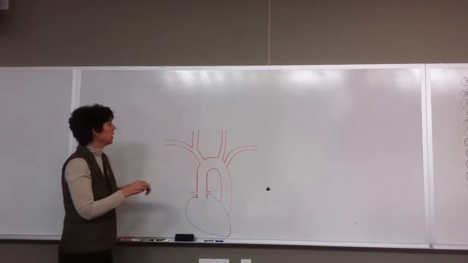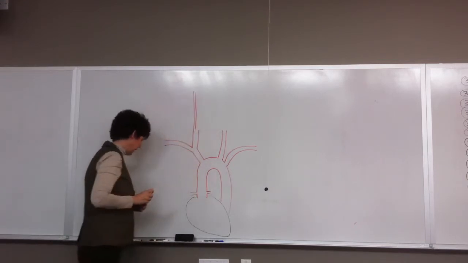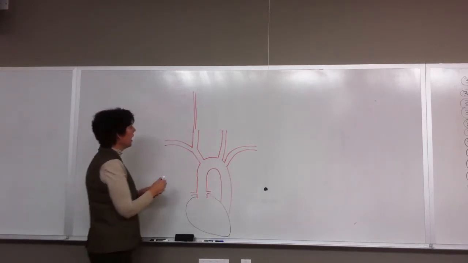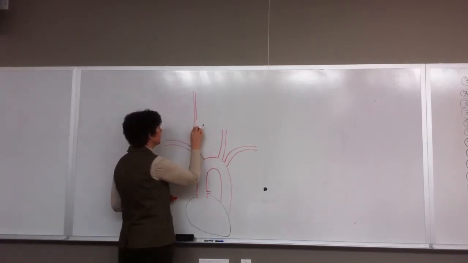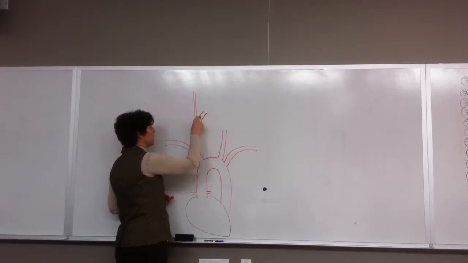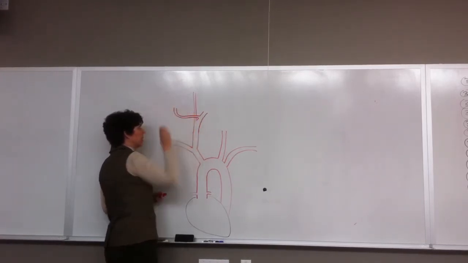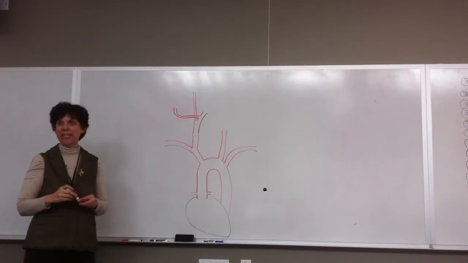Okay? Then we took the common carotid, and the internal carotid went up into the carotid canal, and the external carotid went onto the face. It gave off a branch, remember, that went around to the occipital back of the head, the occipital artery.